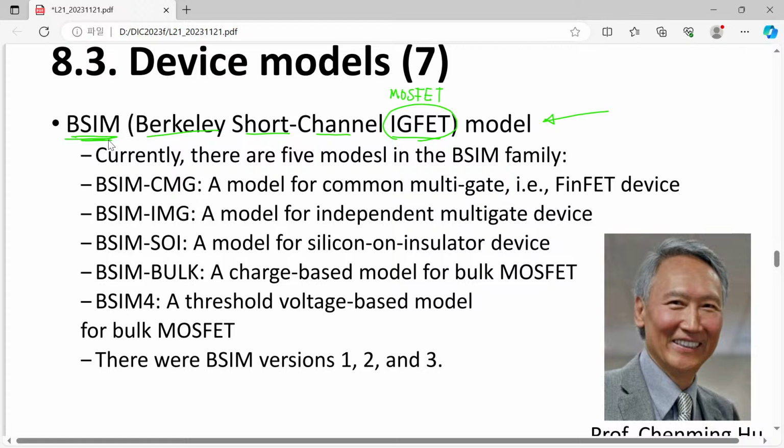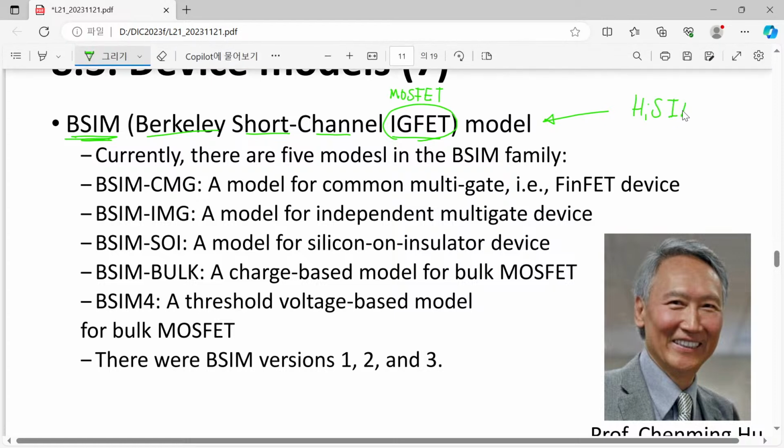Of course there are other models, for example in Japan, Hiroshima University has HiSIM. European companies also have their own model like PSP. P stands for a European company named Philips.